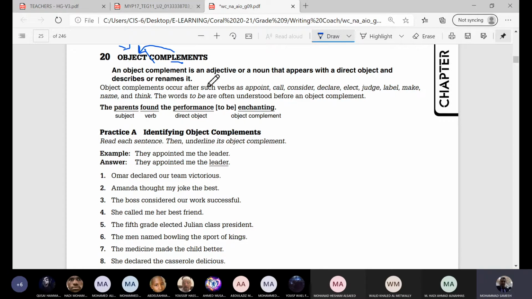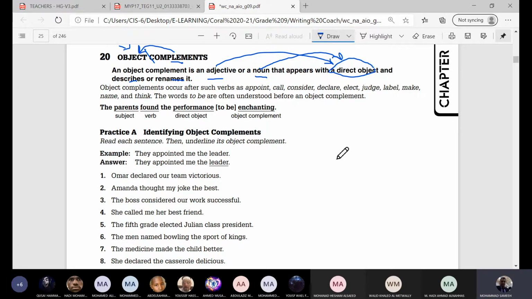It has to be an adjective or a noun that appears with the direct object, to describe or rename it. So it is an adjective describing the direct object, or a noun that renames the direct object. Is that clear? It's a word that completes the meaning of the object.